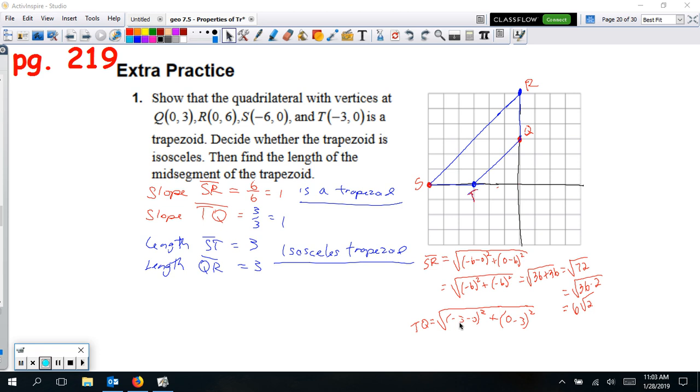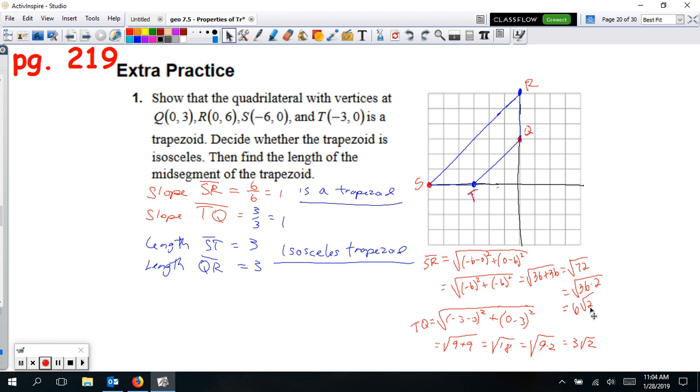So negative 3 times negative 3 is positive 9, and negative 3 times negative 3 is also positive 9. That adds together to give us 18. So the square root of 18, but since these are both 9s, and 9 is a perfect square, 9 times 2 is what we can see for this one, and the square root of 9 is 3, so it's going to be 3 square root of 2.